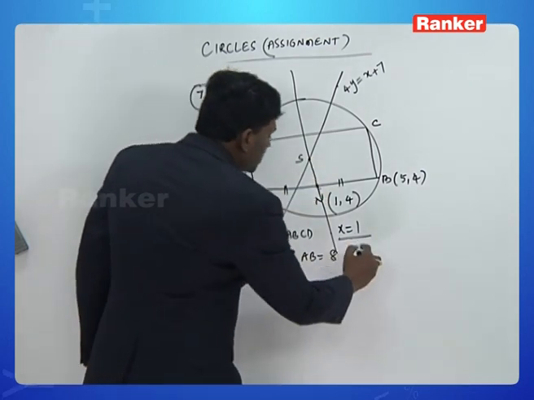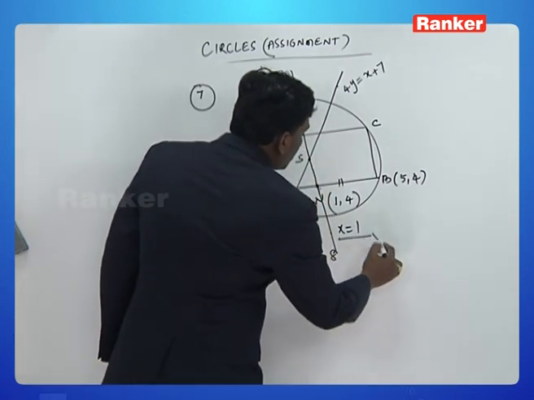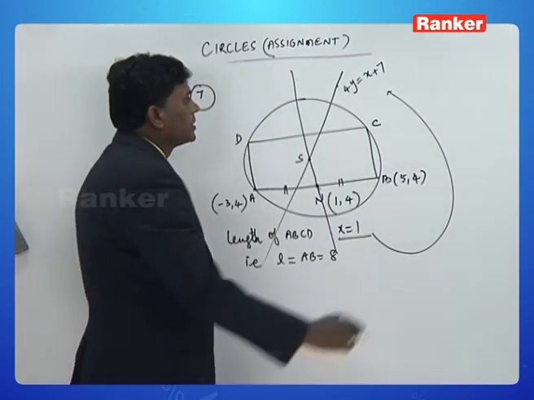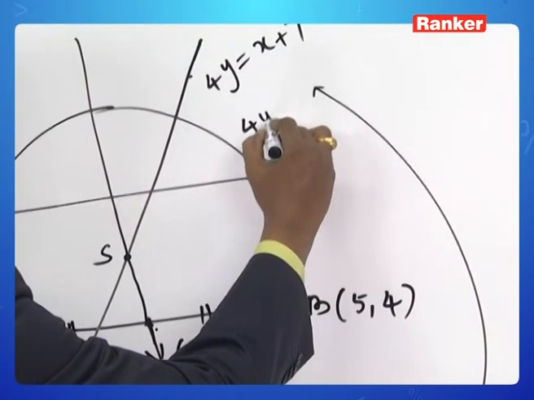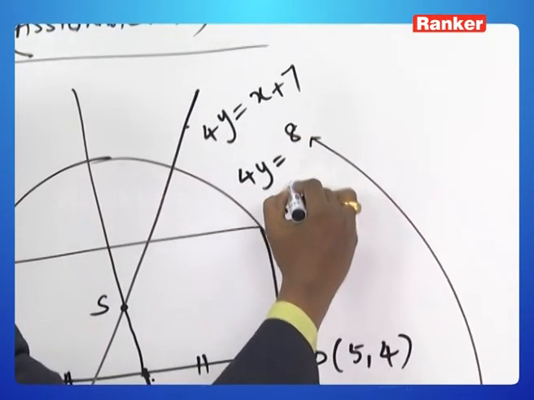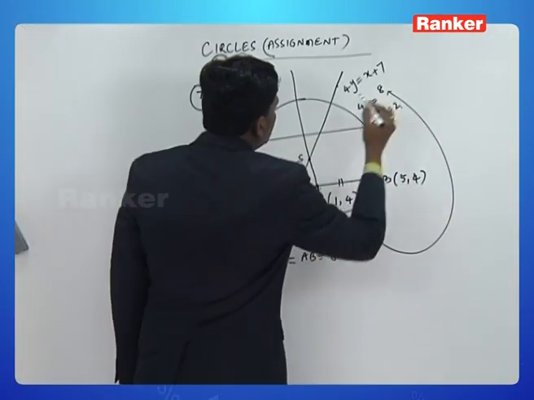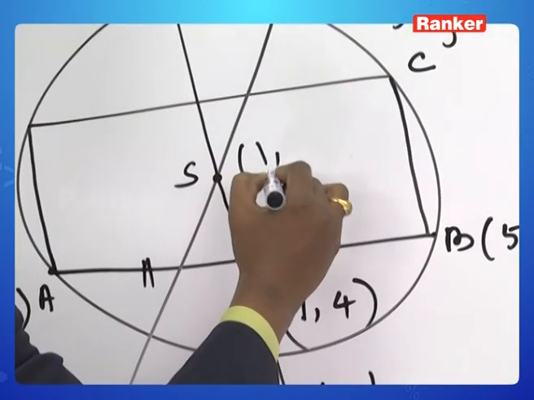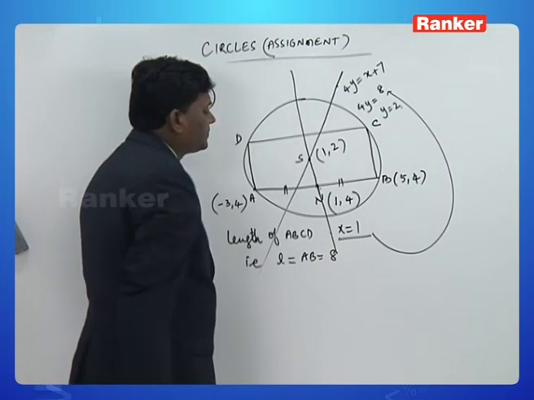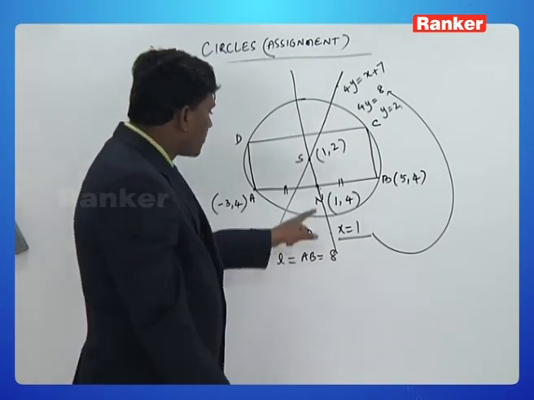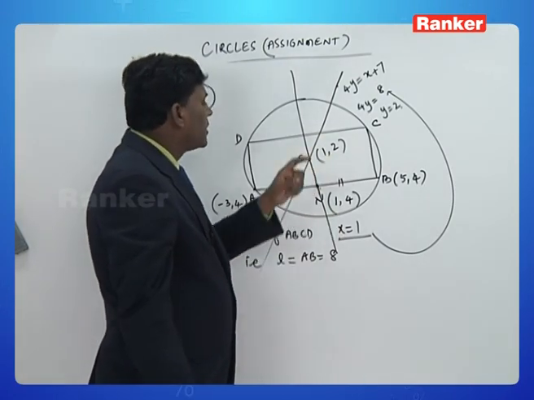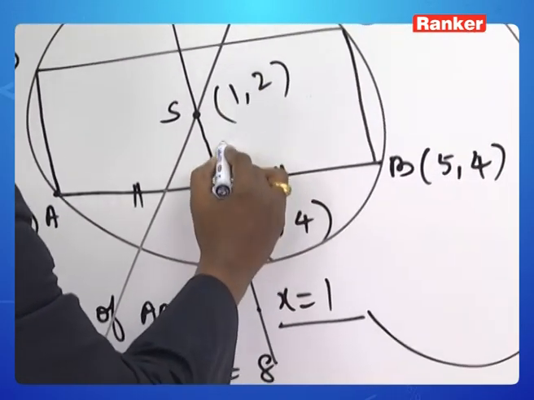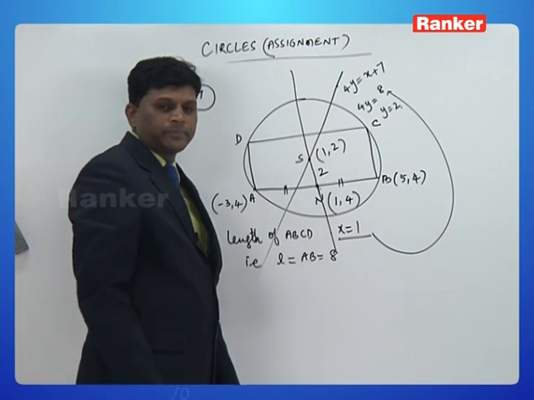Substituting x equals 1 in this equation, you get 4y equals 1 plus 7, 8, then y will be 2. Clearly these coordinates are now 1 comma 2. This point is 1 comma 4, this point is 1 comma 2. So the distance between these 2 points is clearly 2 units.